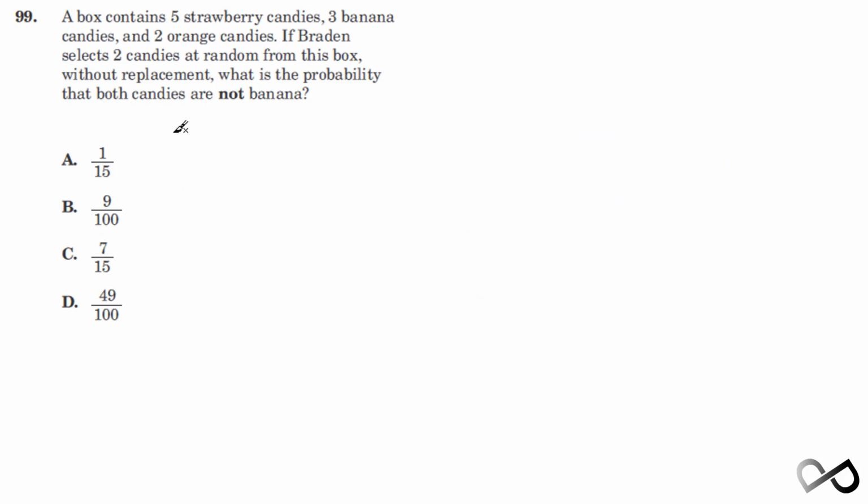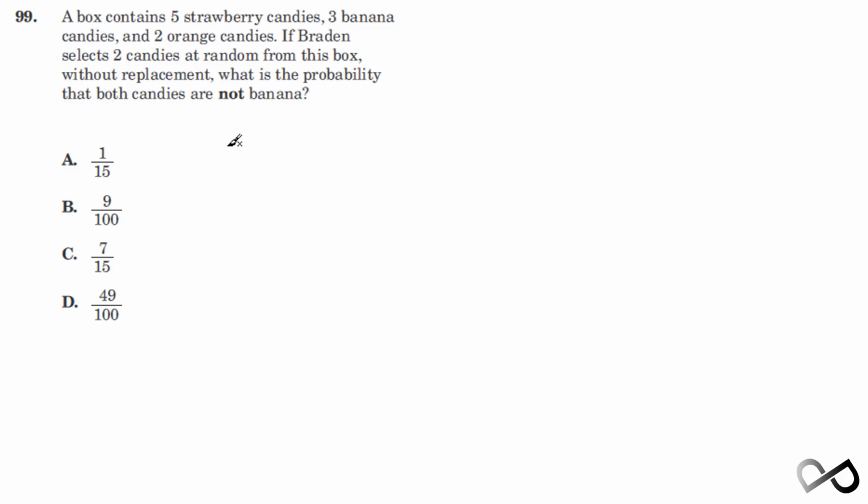Number 99. A box contains 5 strawberry candies, 3 banana candies, and 2 orange candies. If Brandon selects 2 candies at random from this box without replacement, what is the probability that both candies are not banana?